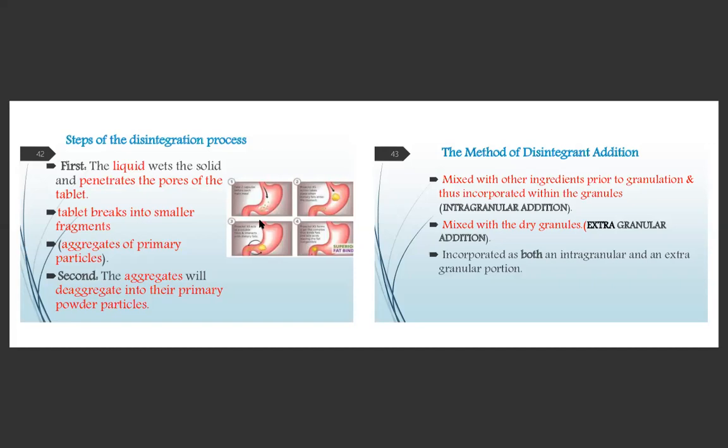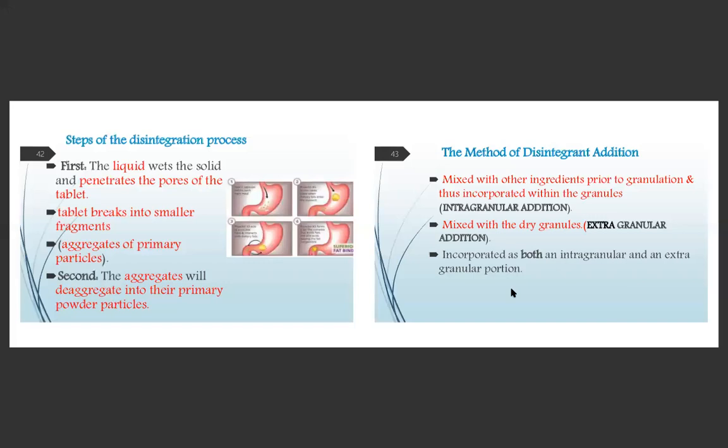When water starts entering inside, slowly the tablet will become soft and it will break. As I told you in the last class, when it breaks up into the particle state, the surface area increases. Disintegration and dissolution are interconnected. If disintegration is faster, then dissolution is also faster.